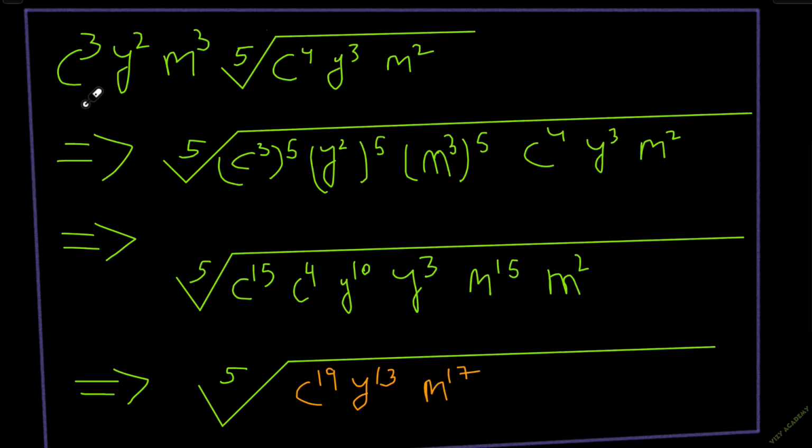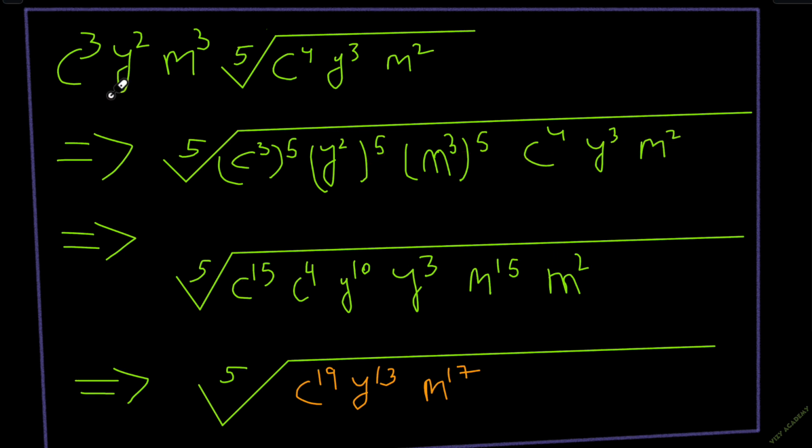Let us consider where you have variables in the form of mixed radical and you have to change it into entire radical. So it will be c cube y square m cube, fifth root c to the power of 4 y cube m square. So being a fifth root, c cube to the power of whole will be raised to the power of 5, y square raised to the power of 5, m cube raised to the power of 5, c to the power of 4, y cube m square will stay as it is.